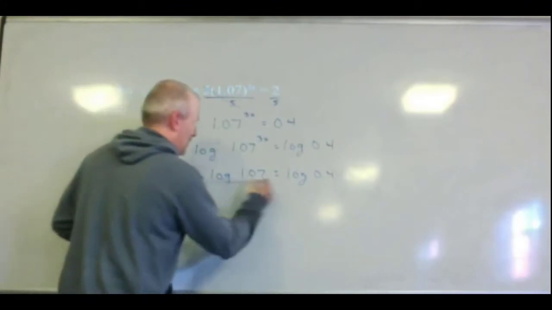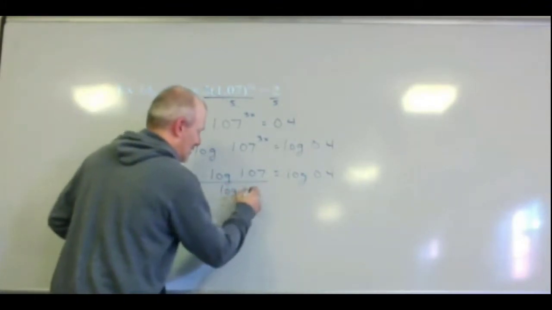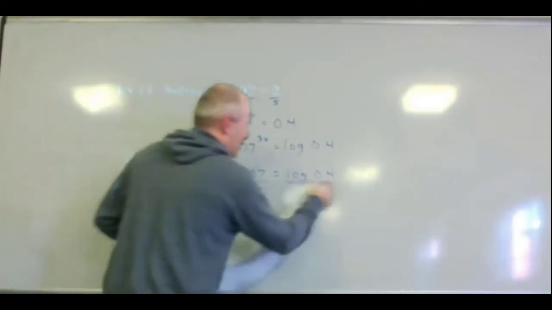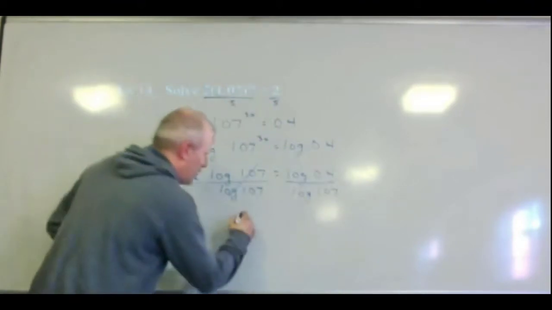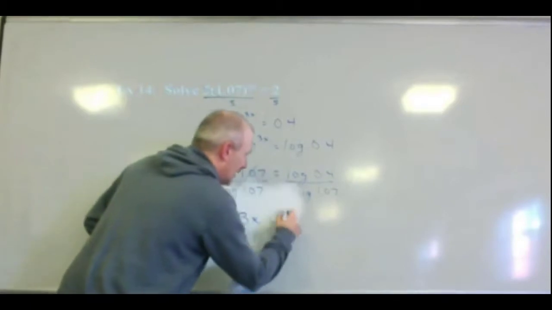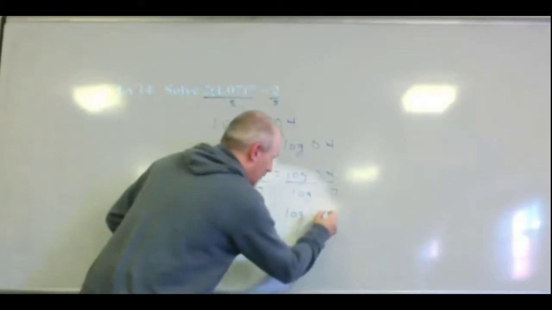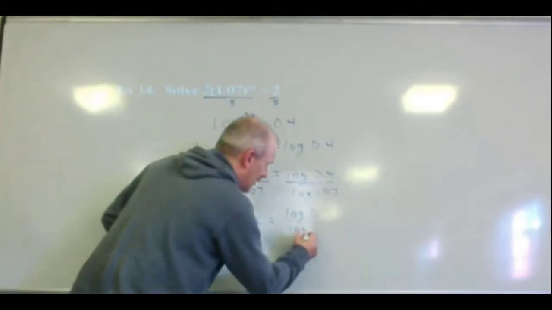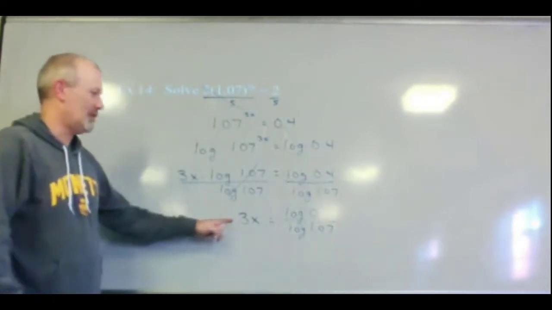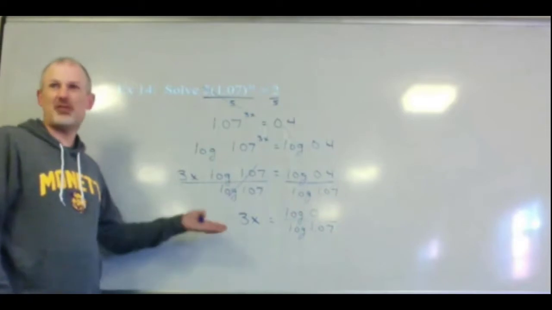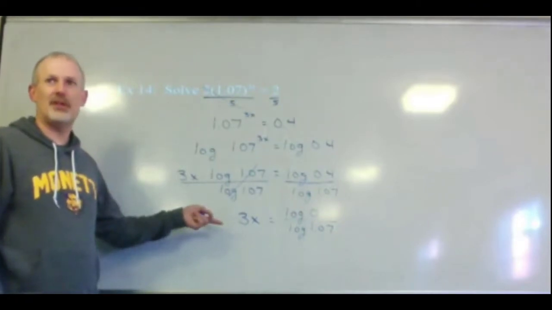Yes. And that cancels this out. So now we have 3x equals log of 0.4 over log of 1.07. Okay? What is our last step here now? This one had an extra step, right? How do we get this x by itself?